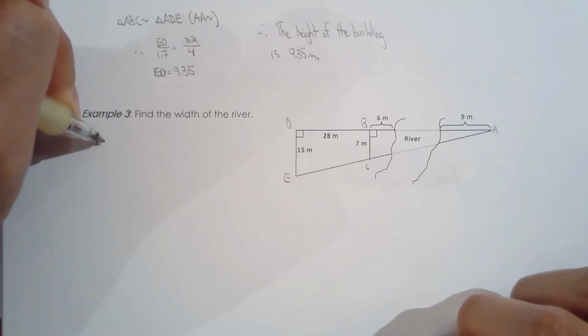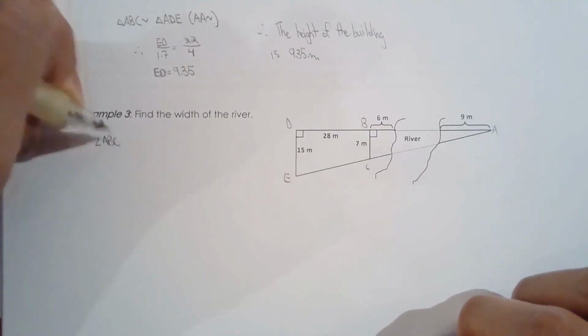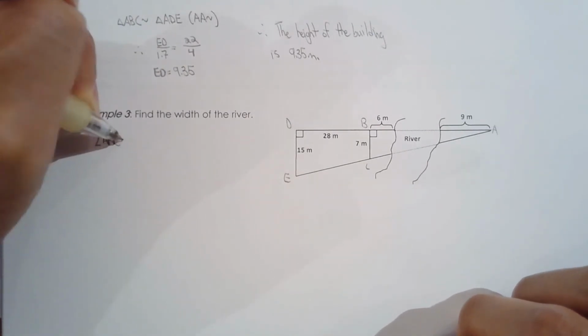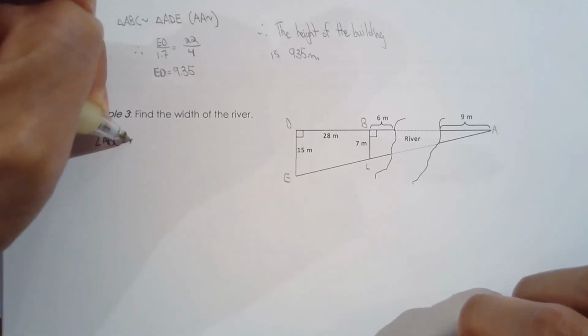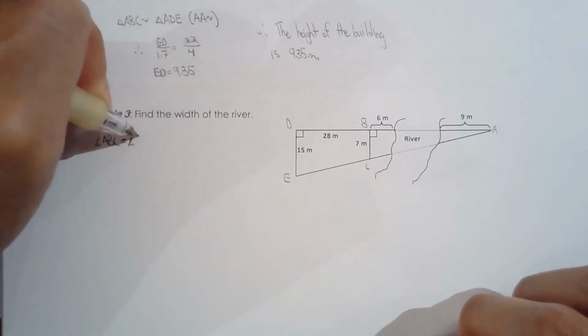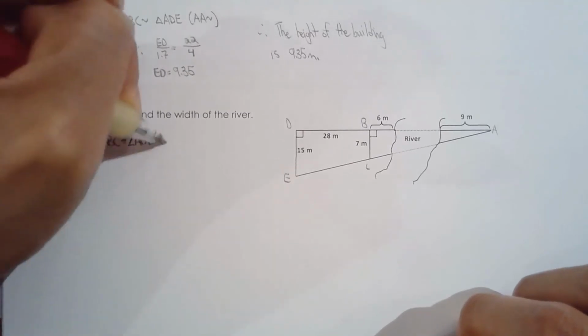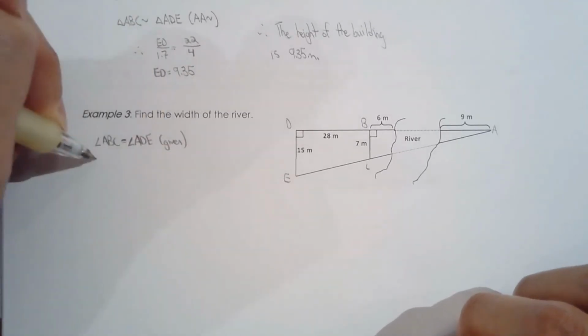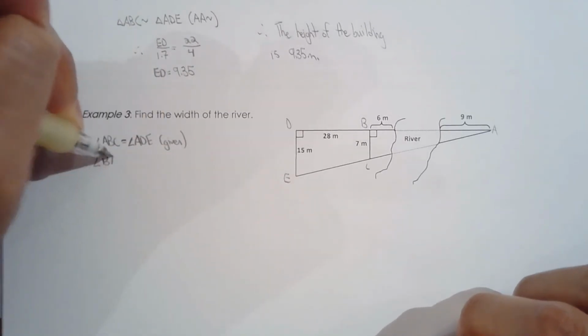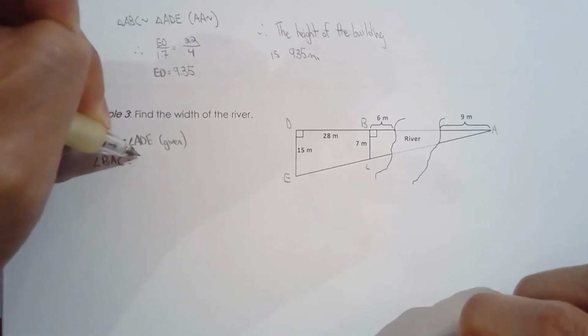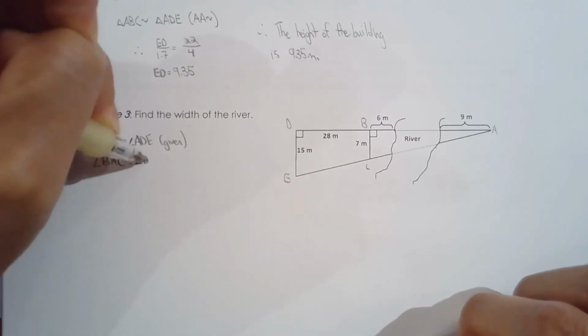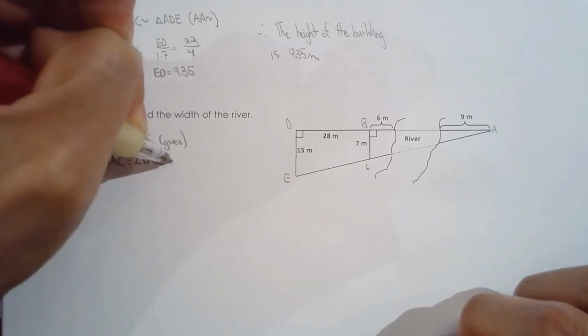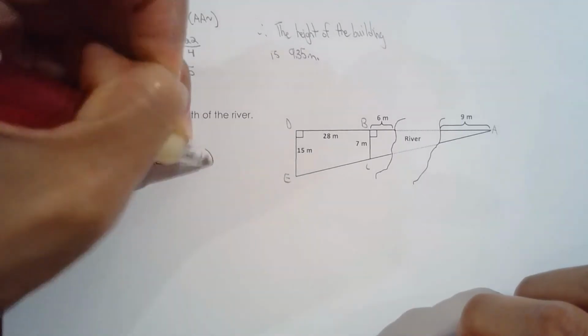So angle ABC is equal to angle ADE, that is given to us, and angle BAC is equal to angle DAE because that is common between the two triangles.